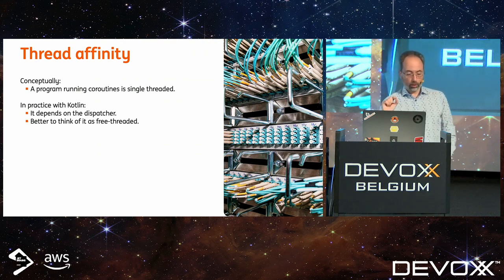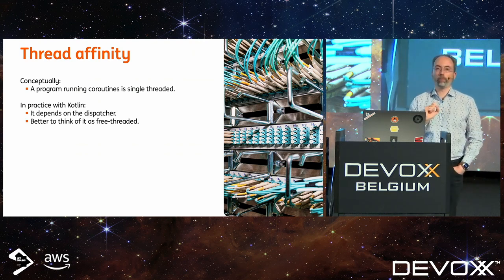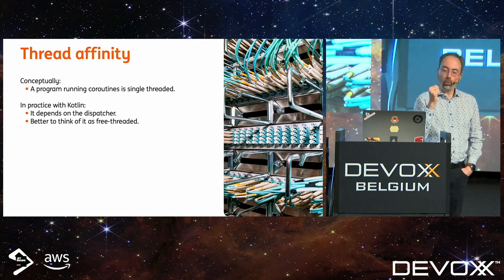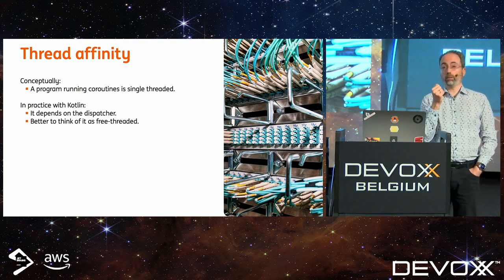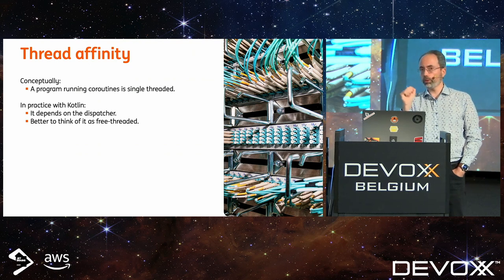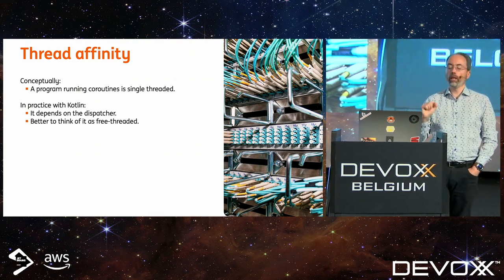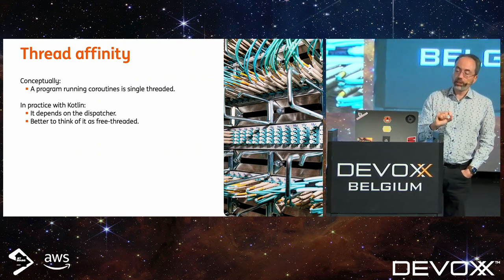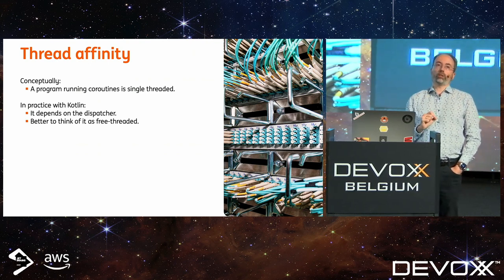So far, we have worked under the assumption that a program running coroutines is single-threaded. We may want to hold on to that, and we will see why in a moment. But in practice, it depends on the dispatcher.